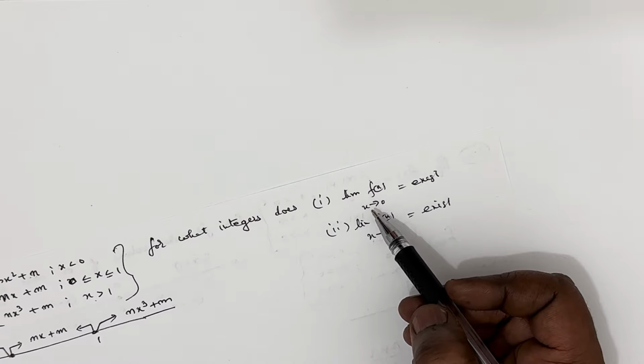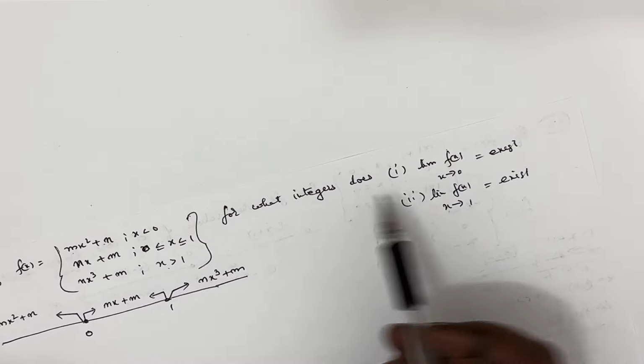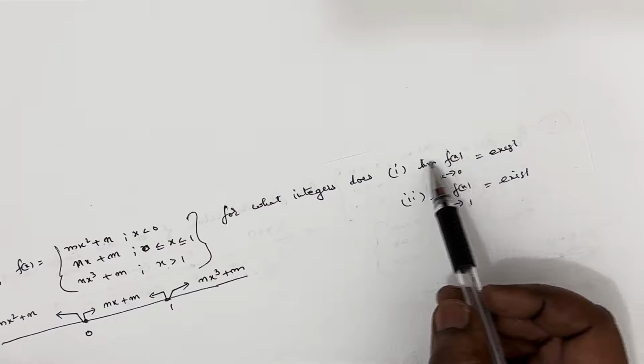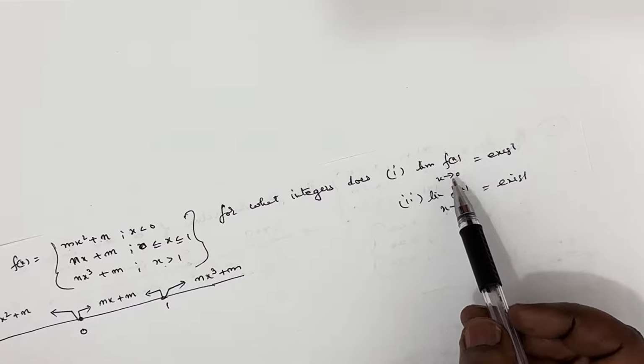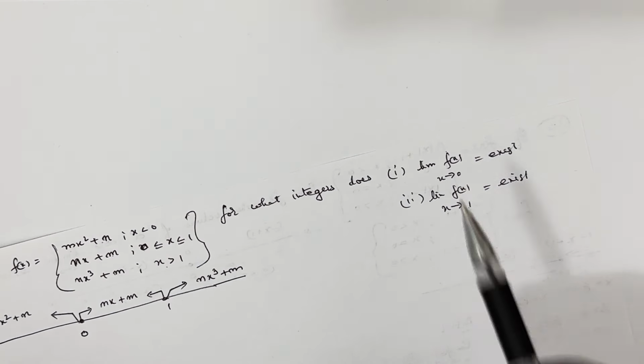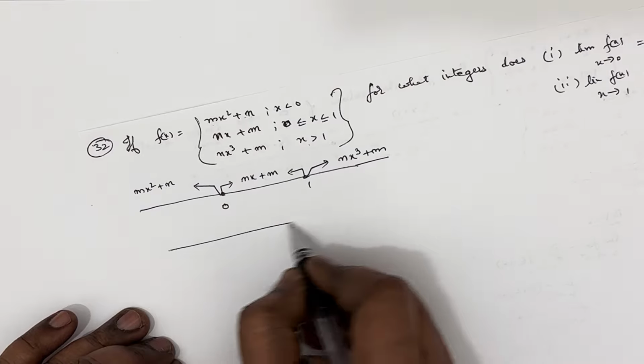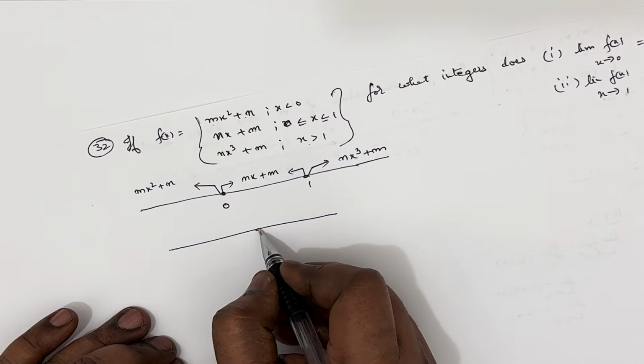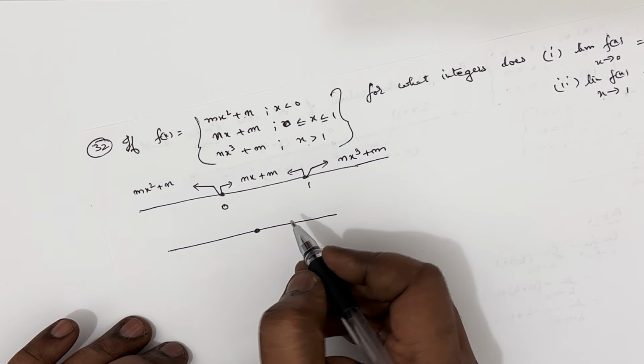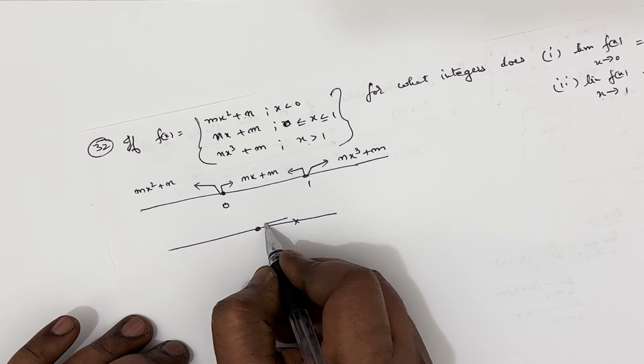Now let's find out what m and n will be when the limit exists for the function as x approaches 0. Let this be the number line once again. This is 0. Now x is approaching 0 from both sides.